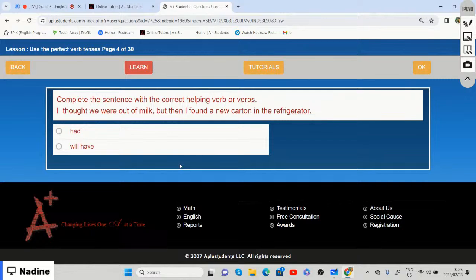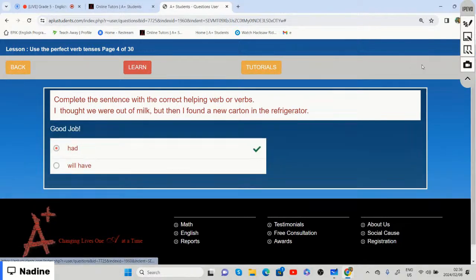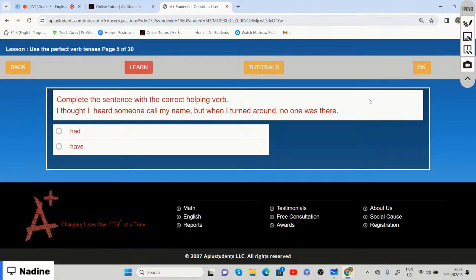So I had thought that we were out of milk. So well done. Had is correct.